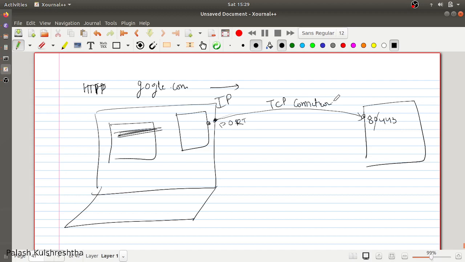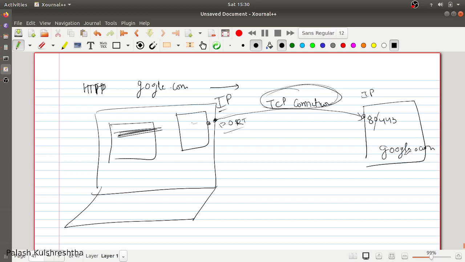Once the TCP connection is established, the browser or application sends data to the operating system kernel. It converts that data into TCP format, and in that format the data is transferred from the IP and port of your local system to the IP and port of google.com. Once the TCP packets are received by google.com, their servers process that information.